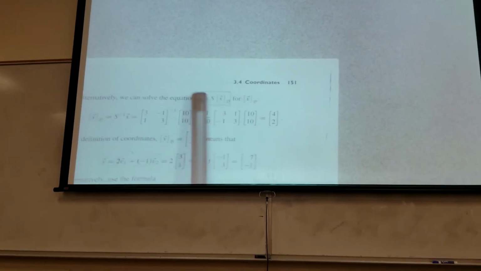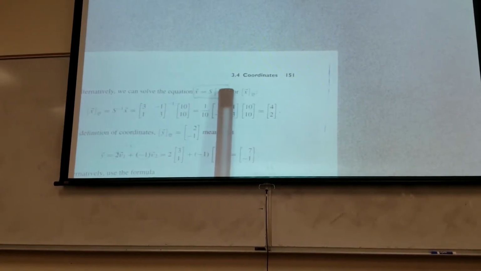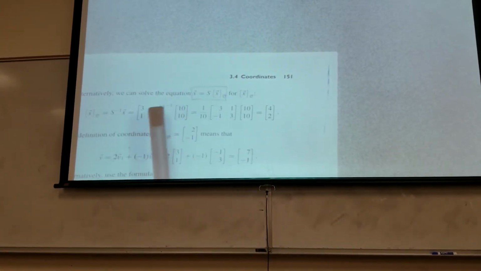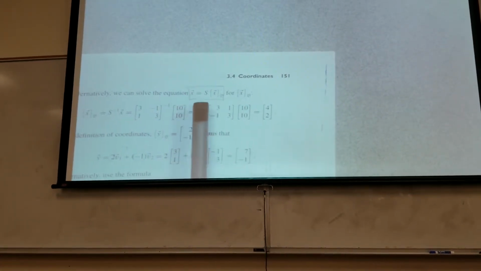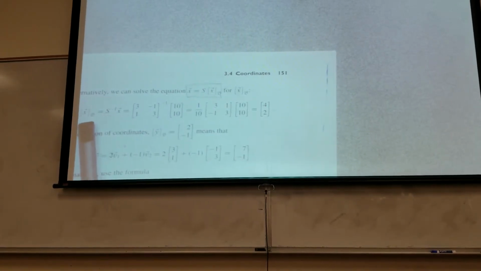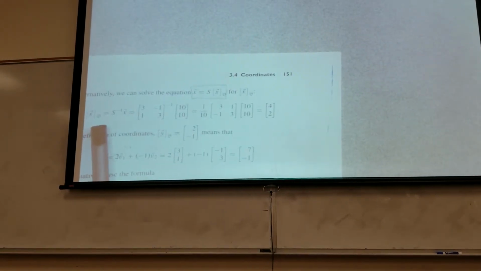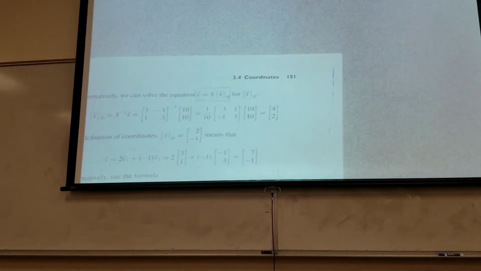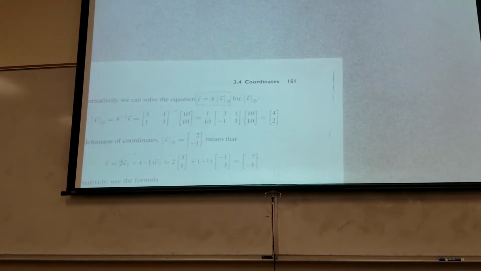This one is based on x equals S times coordinates. To find coordinates, you just need to use S inverse times both sides, right? S inverse times x, then is the coordinate. But usually we don't do it that way, okay? Because finding the inverse is not a trivial or simple path, right? Solving a linear system, we have a systematic way of doing it.